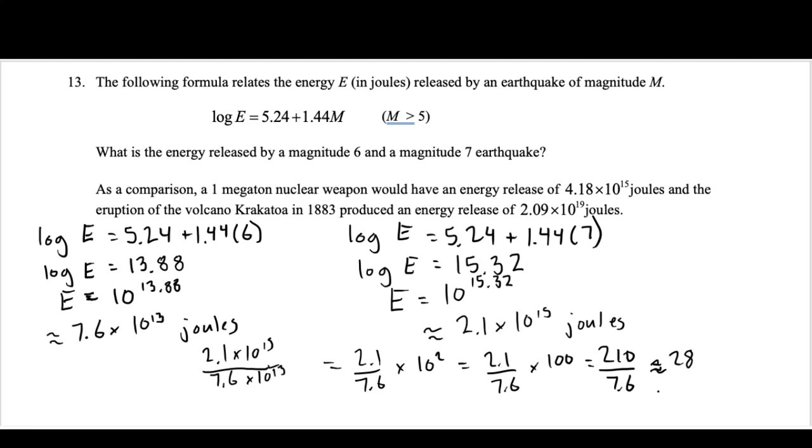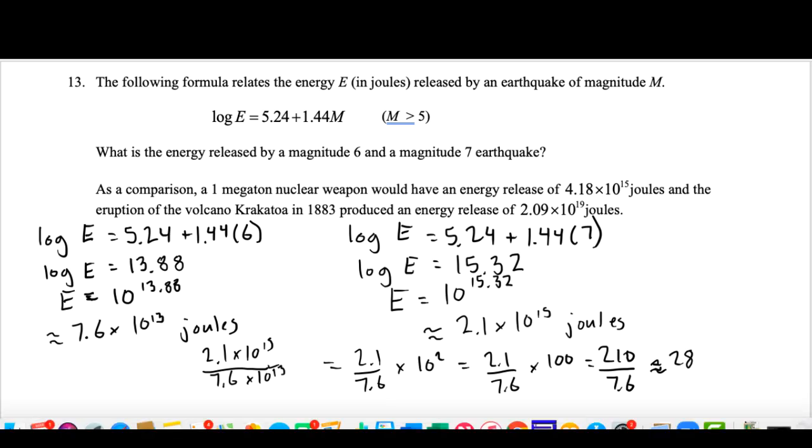Because 6 and 7 are numbers that are pretty close to each other. But the way the scale works is that a difference of one magnitude is very significant, right? That means the earthquake is 28 times more powerful. So it just illustrates how that works.